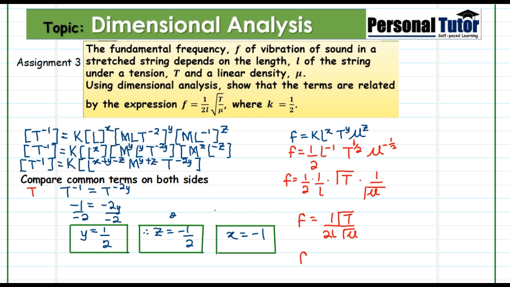Reorganizing it, we'll have F is equal to 1 over 2L. Then, because these are all having square root, you can have a bigger square root and write them in it. That will become T over mu. And this is exactly the same as what we have been asked to prove.